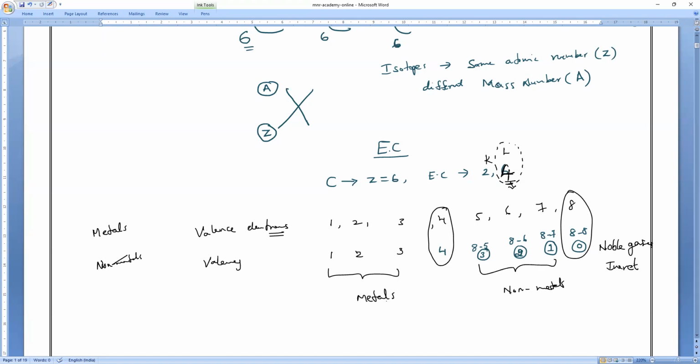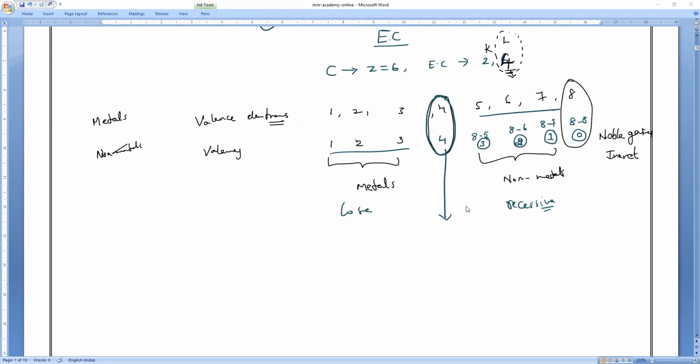But you remember, these 1, 2, 3 will lose the electrons. 5, 6, 7 will accept or receive the electrons. But the 4, which is exactly in the middle, will neither receive nor donate the electrons. What will they do, guys?